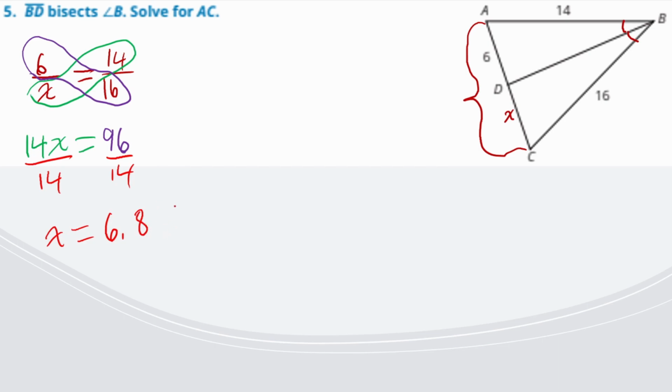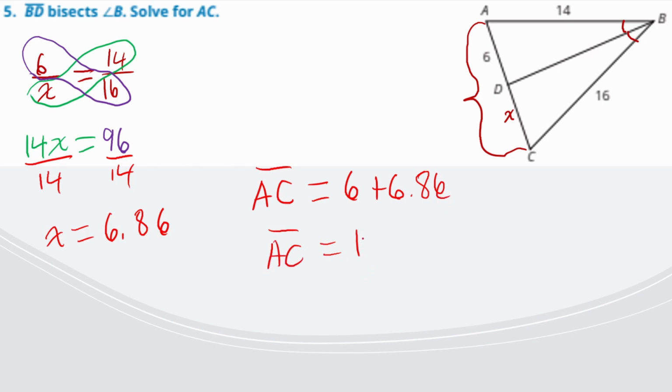It says 5, and then 7 comes after. So since that 7 comes after it, we're going to round up to 6.86, right? That's not our final answer because that only tells us what x is. What we have to do is say AC equals 6 plus 6.86. So finally, AC equals 12.86.